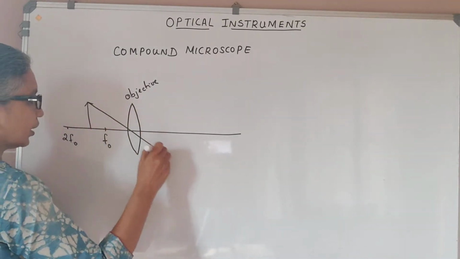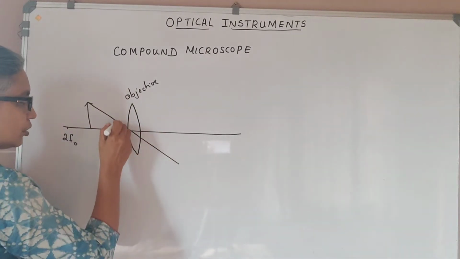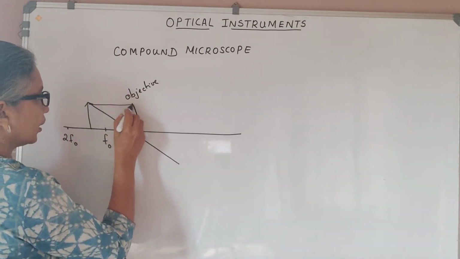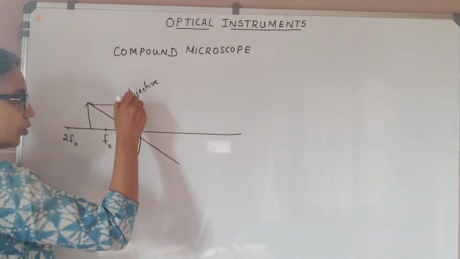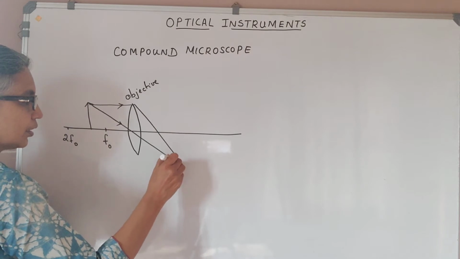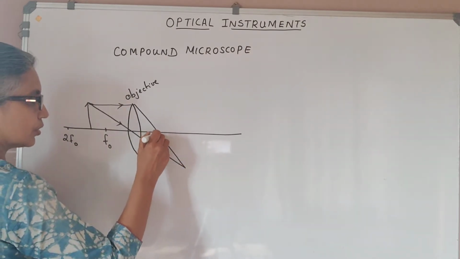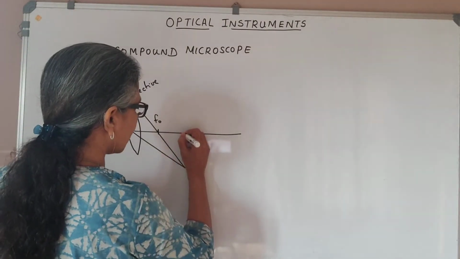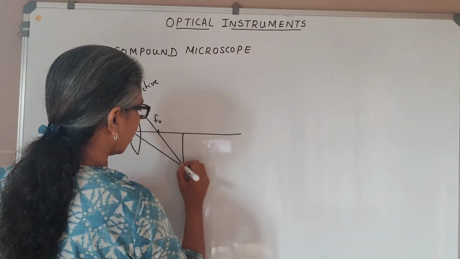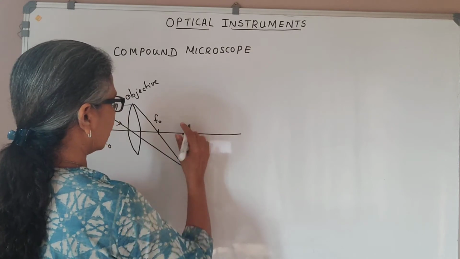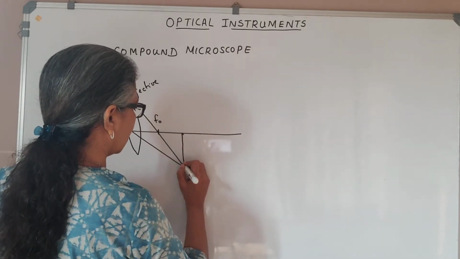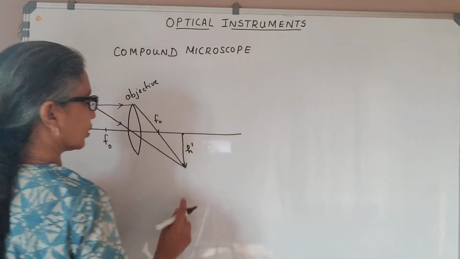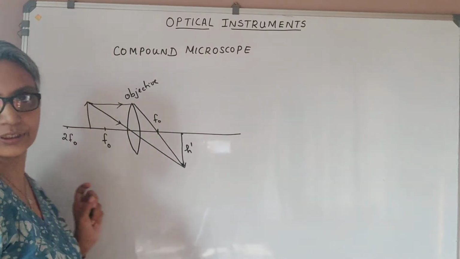One ray of light, as you know, will pass through the optic center, no bending. The other ray, parallel to the principal axis, will pass through the focus on the other side, forming the first image. So this is the focal length on the other side. This is where the first image is formed, which I call H dash. This is the image formed by the objective.